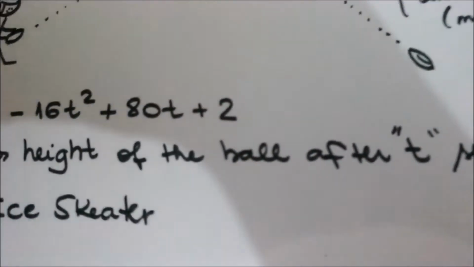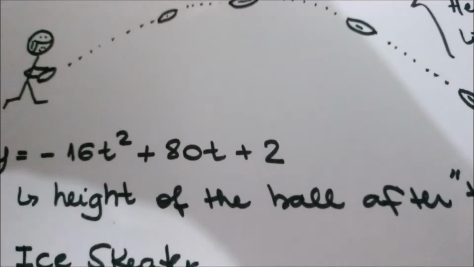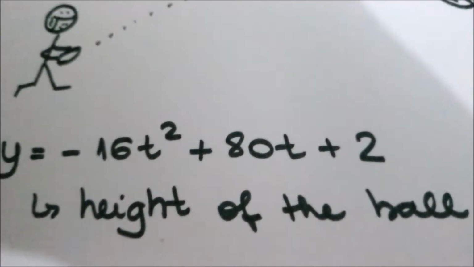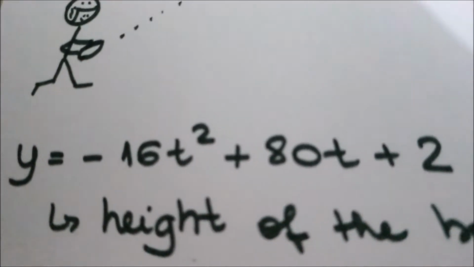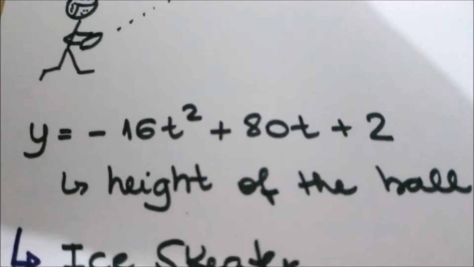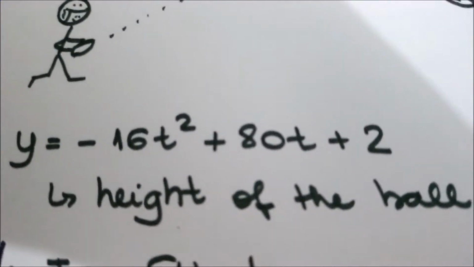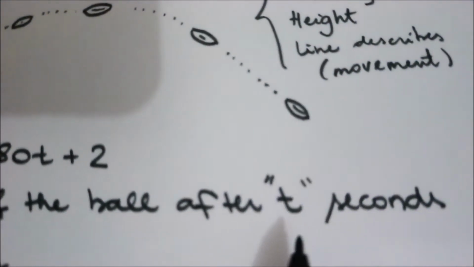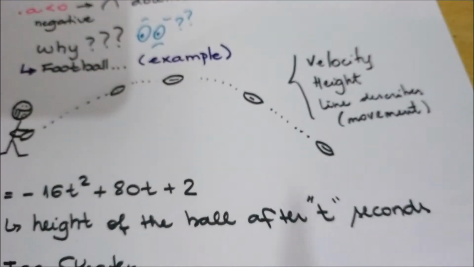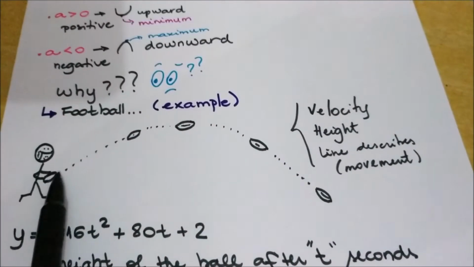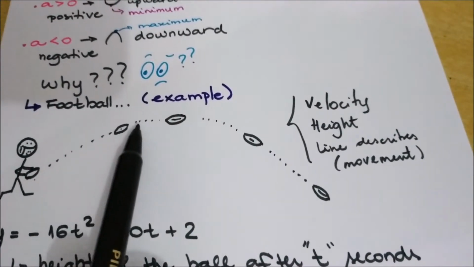In this example here, I got one quadratic function that relates the height of the ball with the time. So if you throw the ball, what is the height after t seconds?